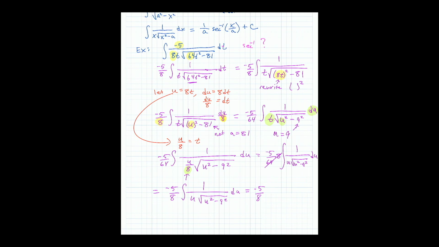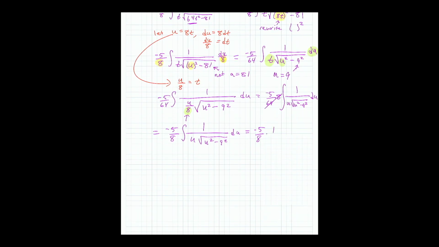So it's 1 over 9 secant inverse x over 9 plus c. Not a lot you can do here. You can combine your constants. So 8 times 9 is 72. And that is about it.